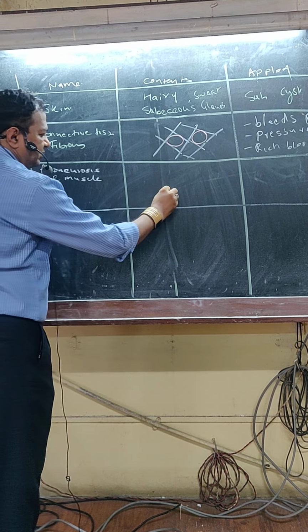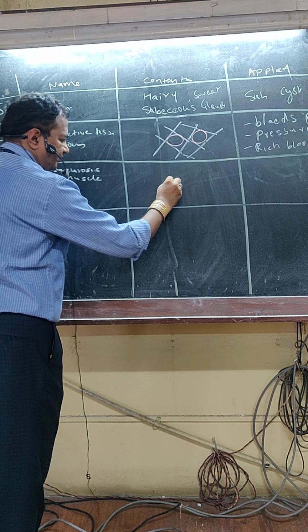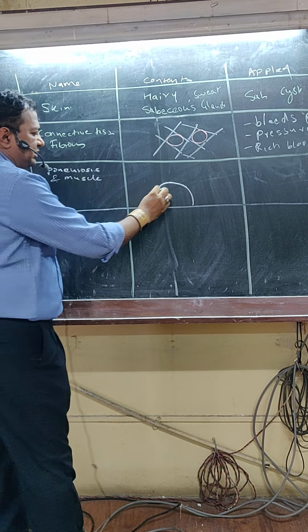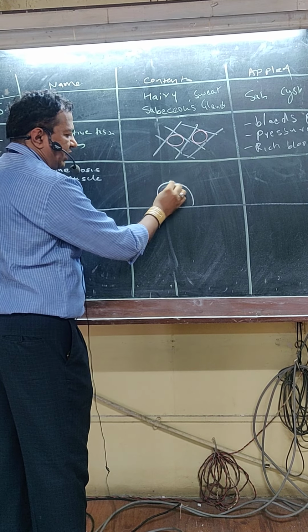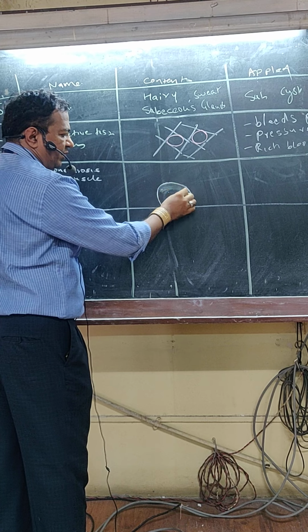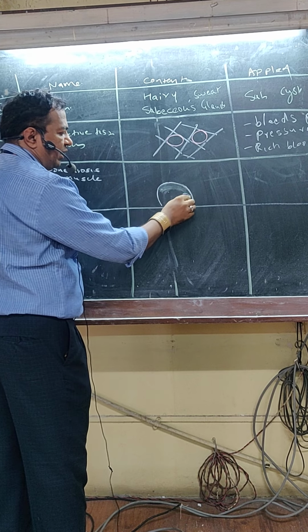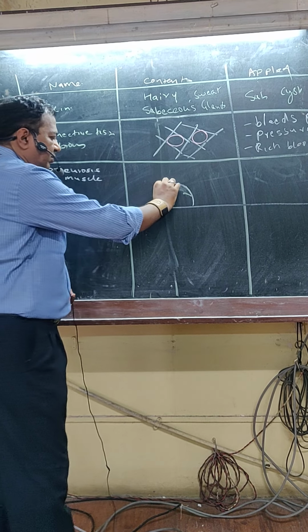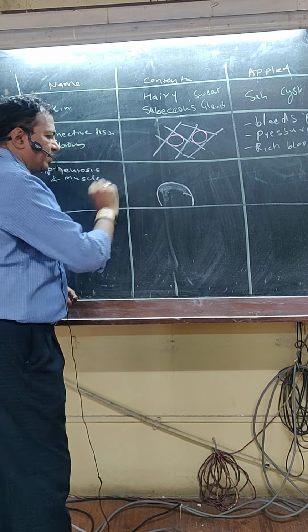And see here, suppose this is the skull. Then the aponeurosis is attached, on the lateral aspect, to the superior temporal lines and posteriorly to the highest nuchal lines. Okay? And anteriorly it goes down up to the zygomatic process.